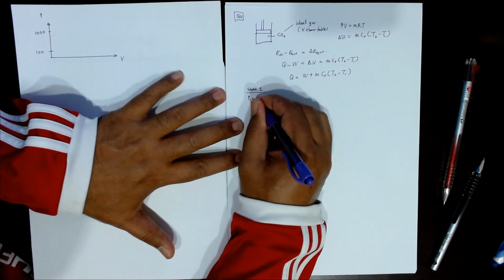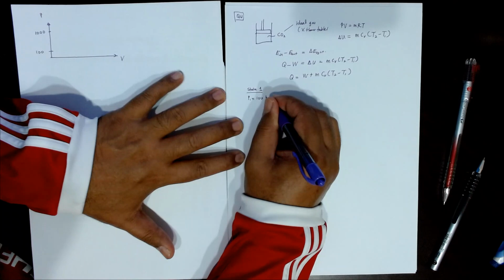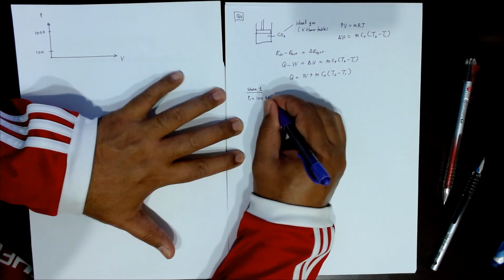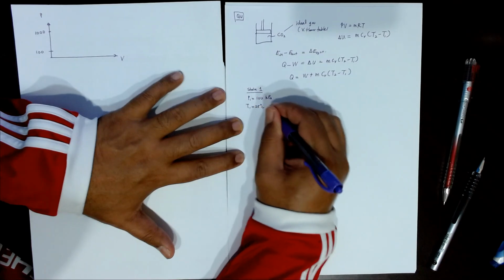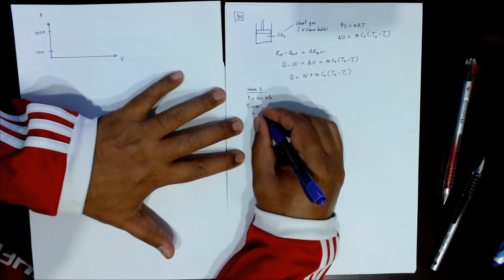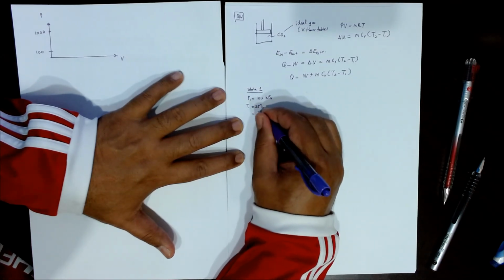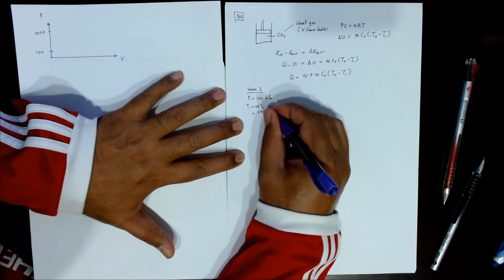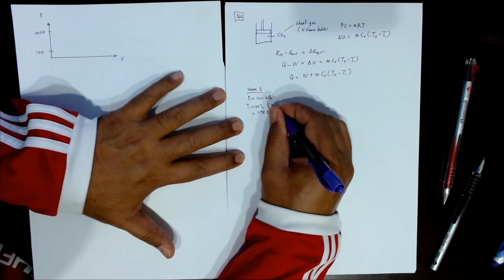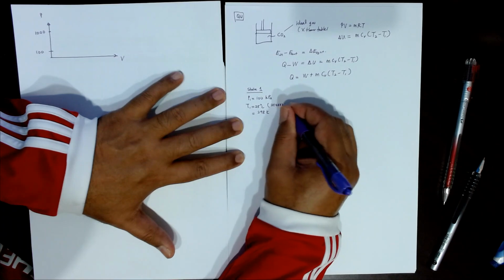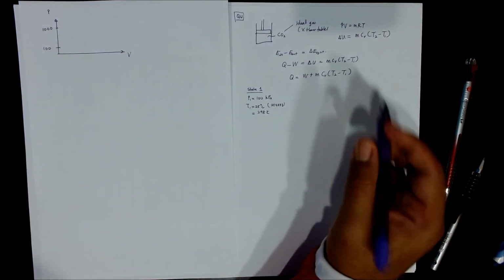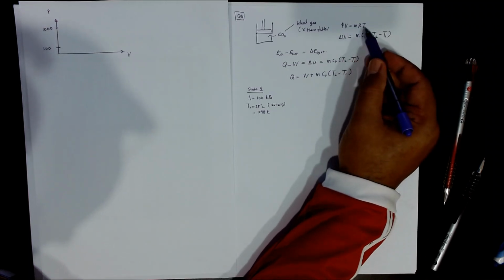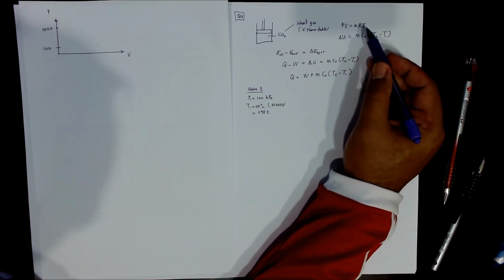P1 equals 100 kilopascal. T1 is 25 degrees Celsius, which equals 298 Kelvin. If you don't remember, it is 25 plus 273 to convert to Kelvin, because when we use this formula, T has to be in Kelvin.